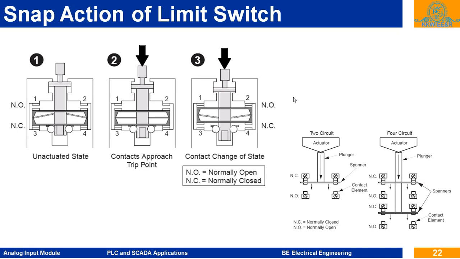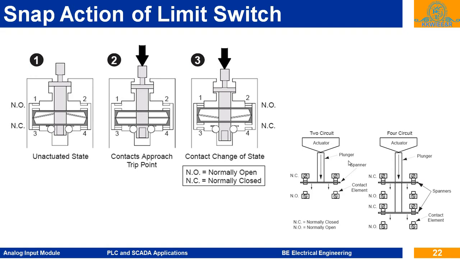It is momentarily operated, and when the force on the actuator is removed, the operated contacts come back to their original, normal position. At the normally closed and normally open contacts, we can use two different circuits. So this is the contact element, snapper.